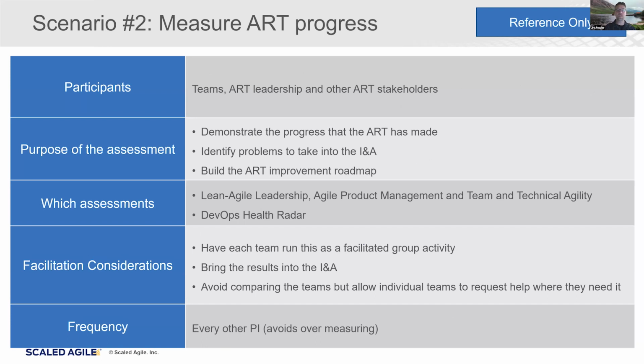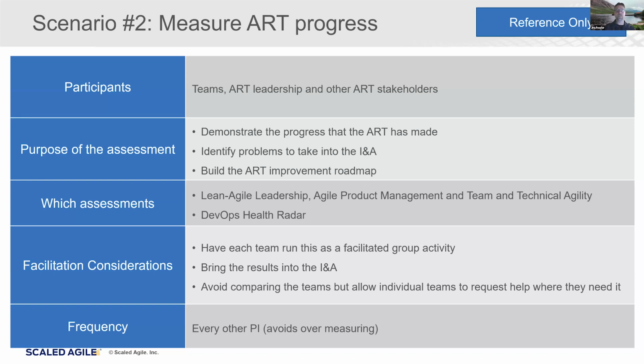Scenario 2, in measuring ART progress. So you can see again, those participants, the purpose, what assessments would you run? You can see we've got several different assessments for scenario number 2, looking at that lean agile leadership, the agile product management, team and technical agility, and leveraging the DevOps health radar, and some of those facilitation considerations there.